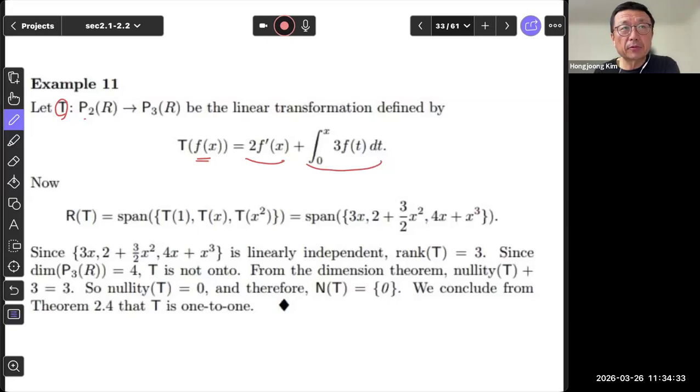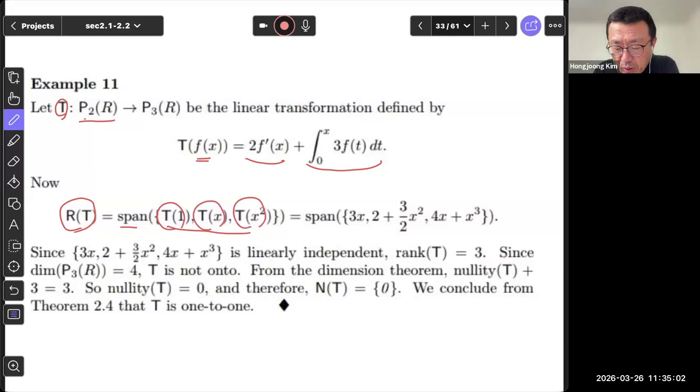Now, the range will be spanned by the images of the basis of the domain. For the P2 space, we have the standard basis 1, x, and x squared. So their images will span the range.